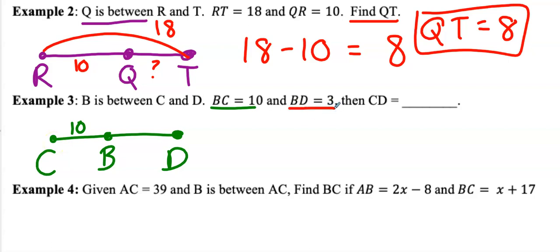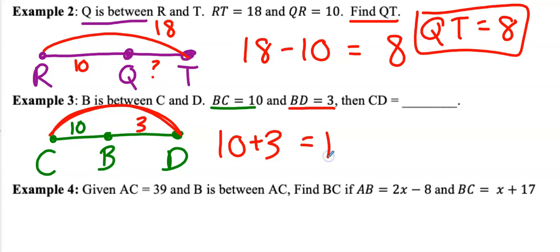BD, the second part is 3. Okay? ¿Cuántos? What is CD? CD is the total. So either suma or restar. We're going to suma, we're going to add them. Porque part más part equals the total. So 10 plus 3 is going to be 13. So CD is 13. Okay?